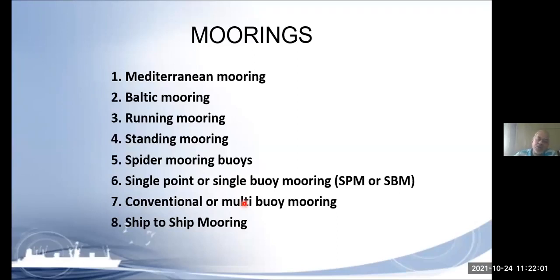Okay. Now these are also at different locations, and depending on different conditions of the ports, these types of moorings are specified, like Mediterranean mooring, Baltic mooring, running mooring, standing mooring, spider mooring, single point or single buoy mooring, SPM, then conventional or multi-buoy moorings, and ship-to-ship mooring, depending on where and how you are using these moorings in various conditions of tides, local phenomena, current, wind, or various conditions of the infrastructure.